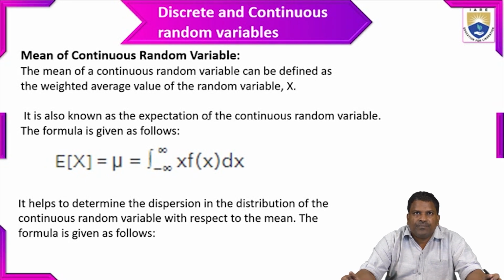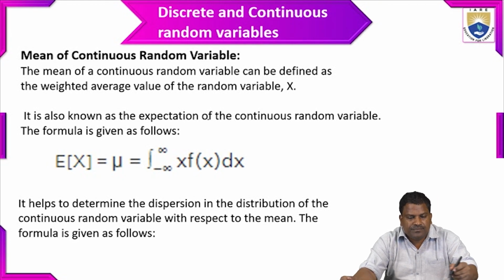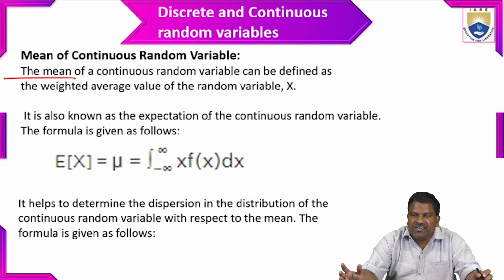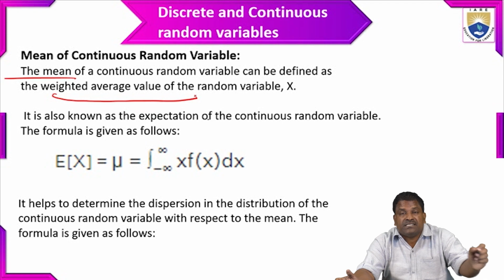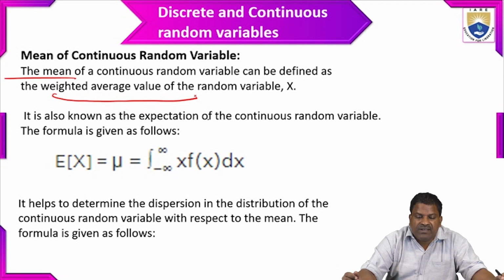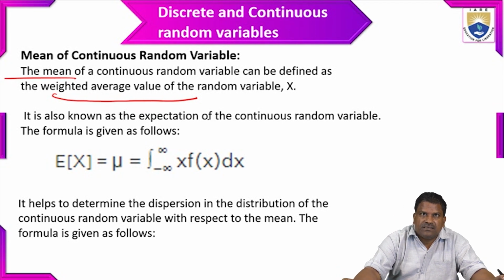So let us see mean of continuous random variable. The mean of a continuous random variable can be defined as the weighted average value of the random variable x.